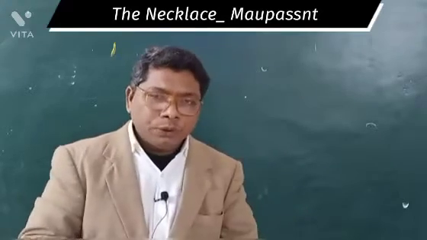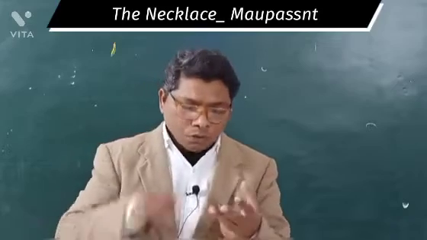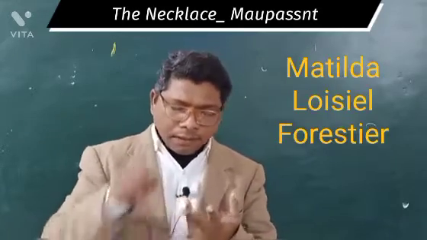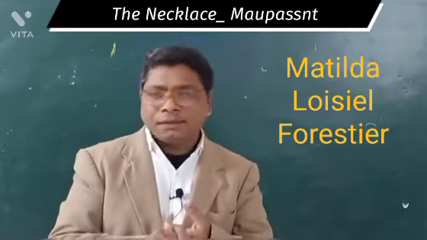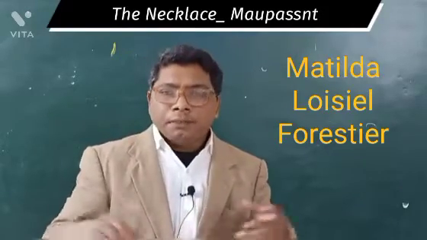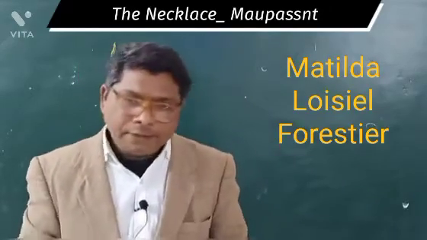So here is the story. There are three main characters. One is called Matilda, another is her husband Loisel, and another is Mrs. Forestier, who is the friend of Matilda.